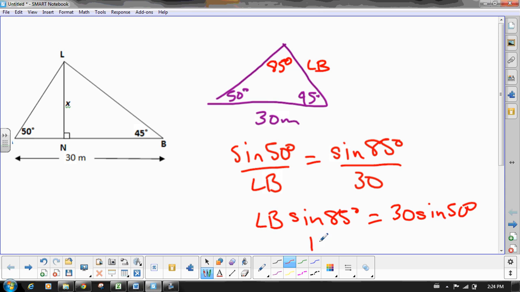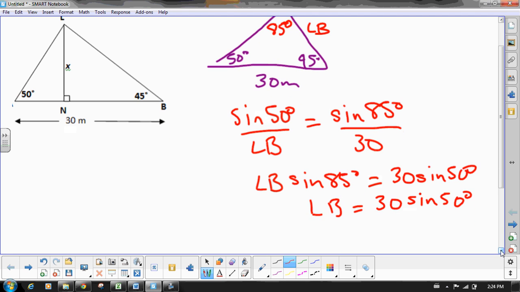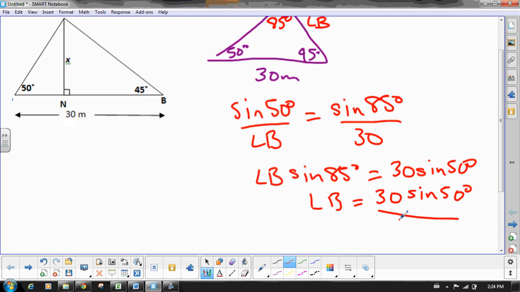Then I'm going to divide both sides by the sine of 85. So I get 30 sine of 50 degrees over the sine of 85 degrees, which is going to equal about 23.1 meters. So I'm going to add that to this diagram up here.